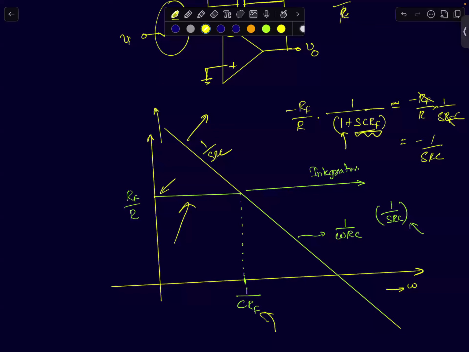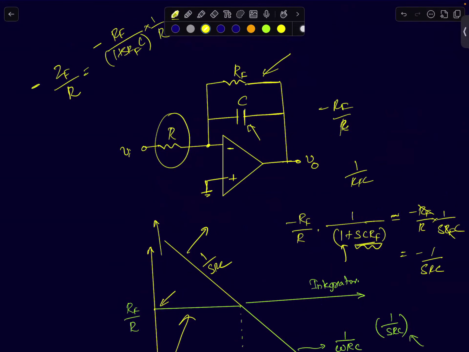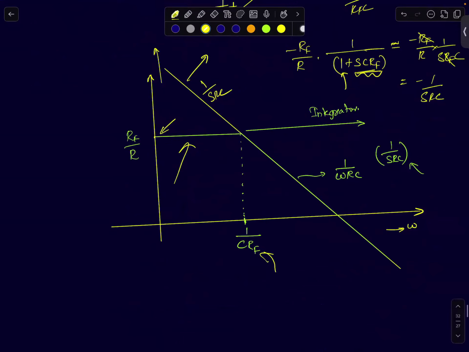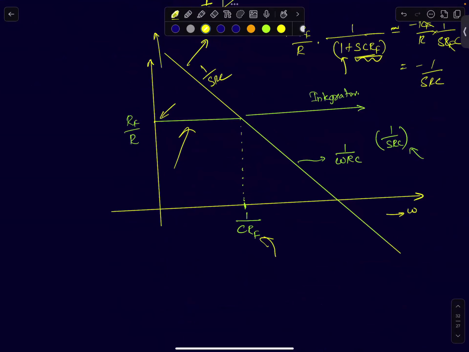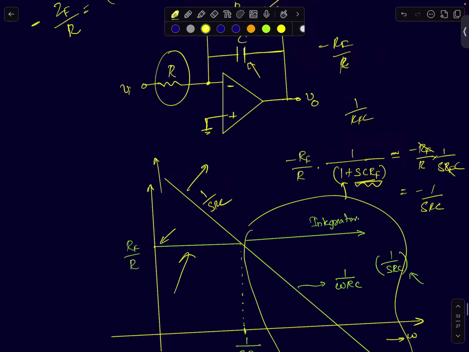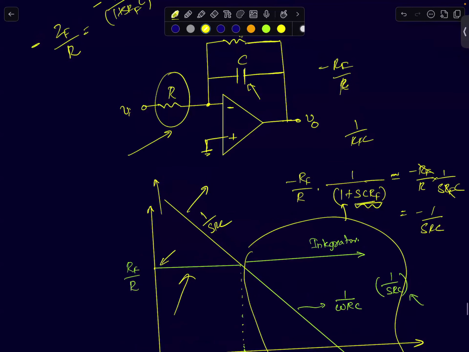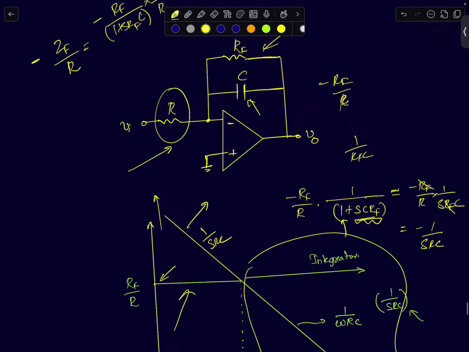So for frequencies much greater than the pole, 1 by RFC, the ideal integrator and the integrator with the feedback resistor are indistinguishable. So in this region after the pole, this circuit with the DC negative feedback resistor will act like an integrator.